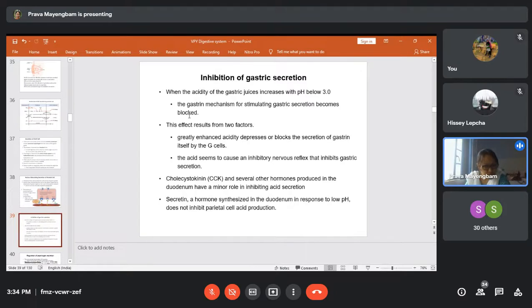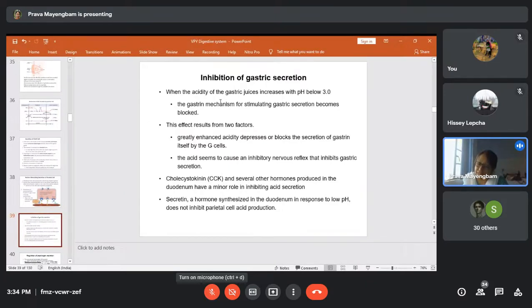Is it okay? Do you agree here? Yes, ma'am. I told you that whenever there is distension or whenever there is a rise in the pH, there is more secretion of HCl. But when the pH is already very low, when the environment is already acidic, then gastrin secretion will be inhibited.